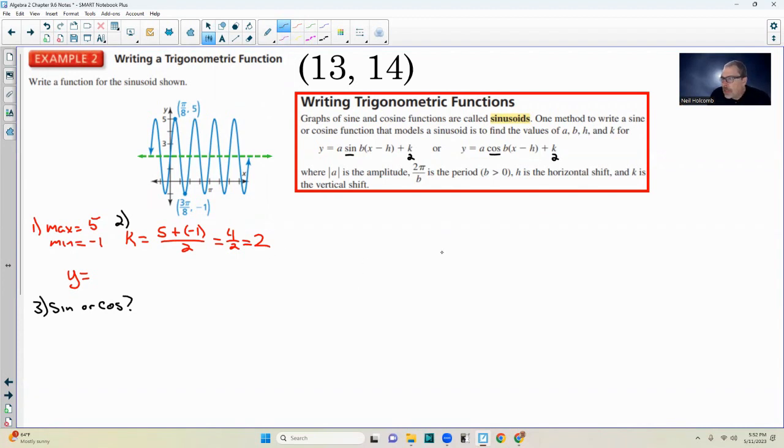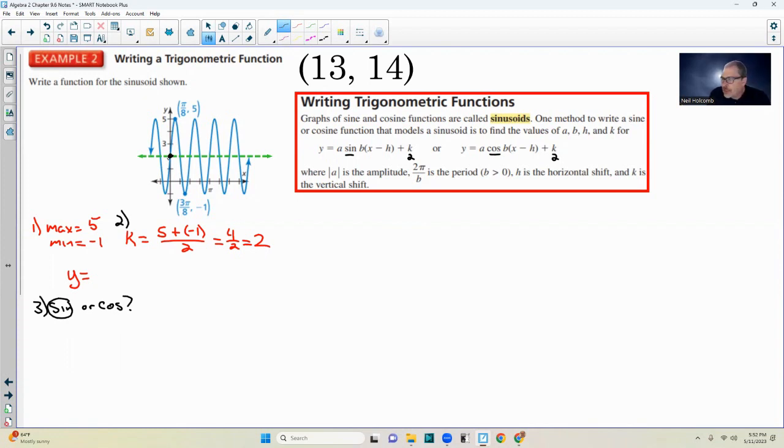All right. The midline is y equals 2. And on the y-axis, right here, we're on the midline, which is a 0. Sine is 0. So if this was not shifted, it would be at the 0. So this is a sine function because on the y-axis, it touches the midline.